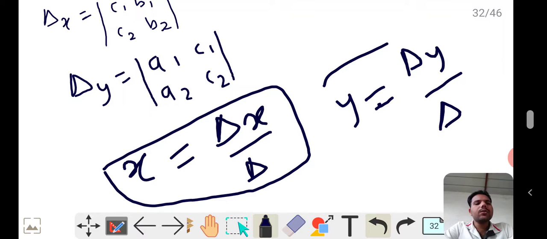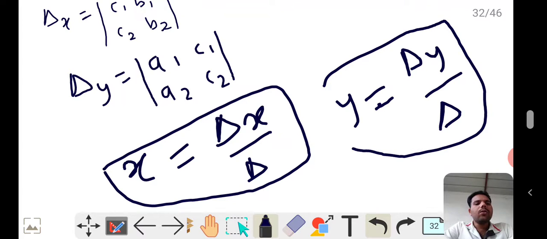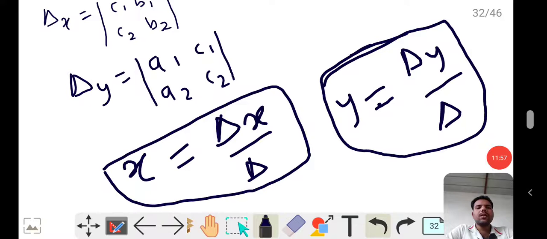In this way we have learned how to find the solution for simultaneous linear equations by Cramer's method. Remember, delta x means x is a subscript of delta, not multiplied with delta. Let's see an example from the question set.